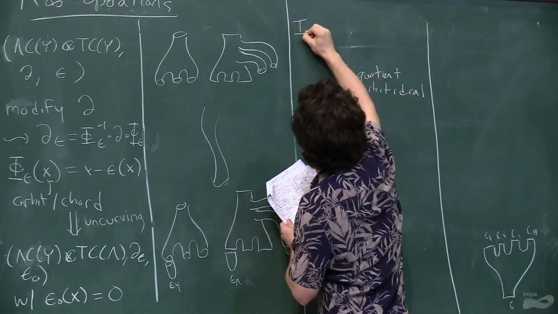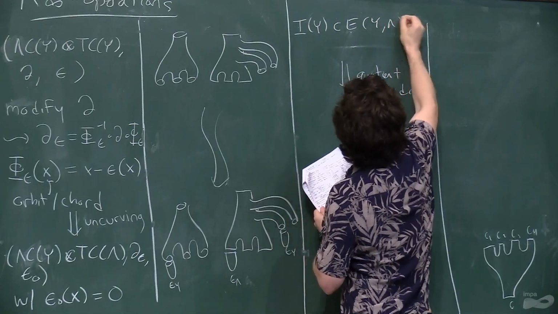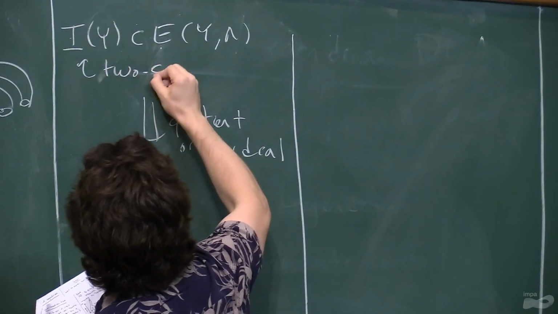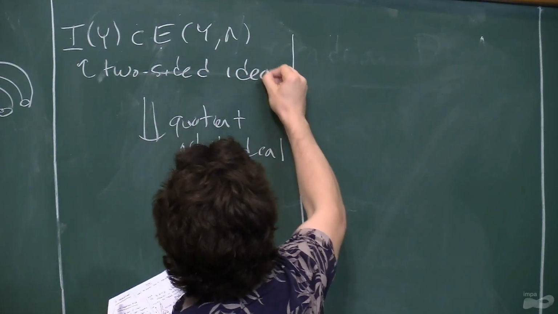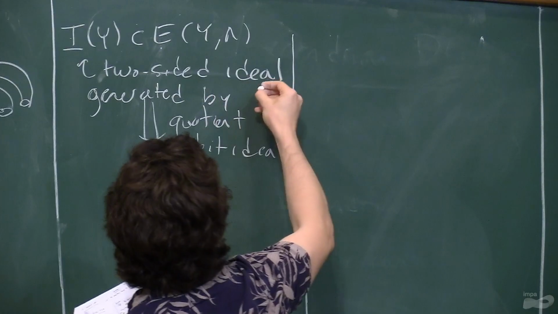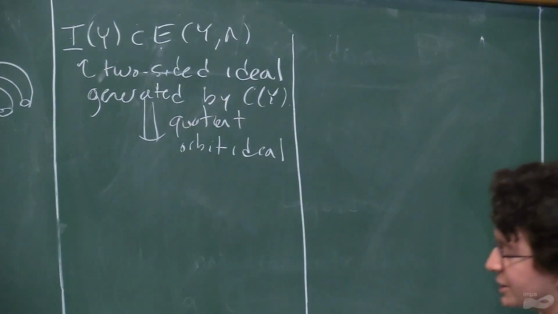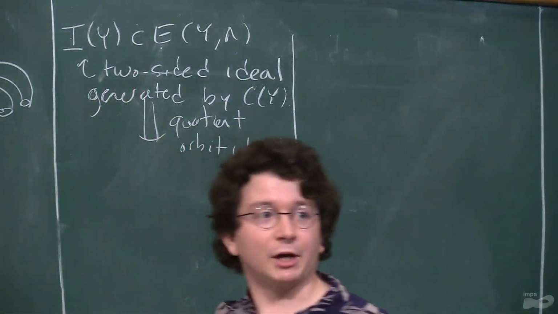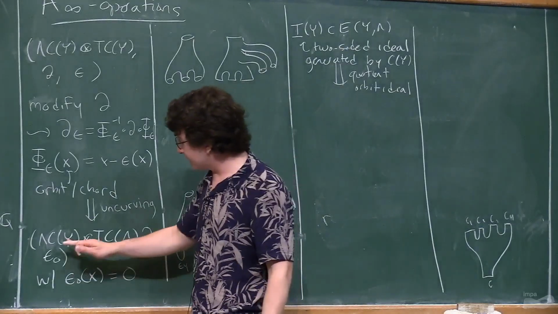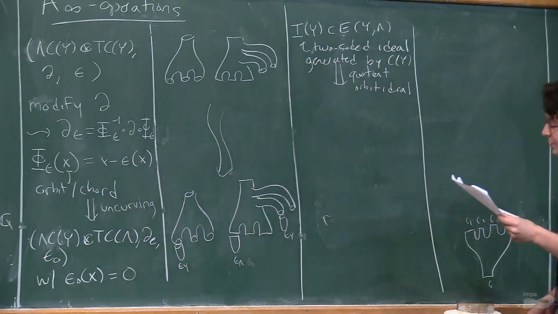There's an ideal inside of this algebra, which is the two-sided ideal generated by the orbits. Because of the adjustment that I made to the differential, this is now a DG ideal, so I can quotient by it and get a differential on the quotient. And the quotient by this ideal is just, you can check, the free associative algebra generated by the chords.